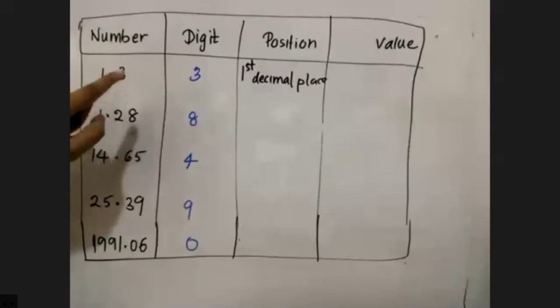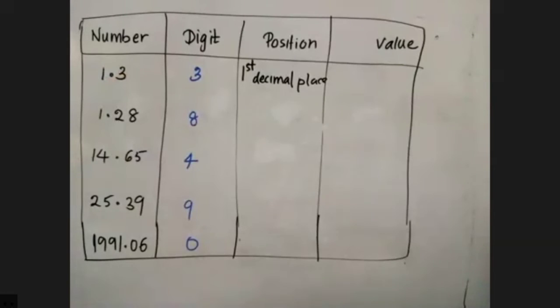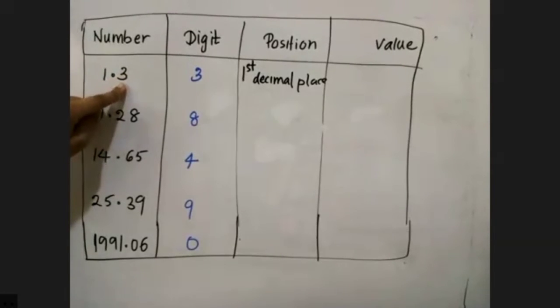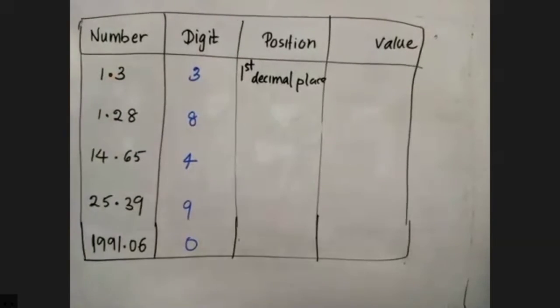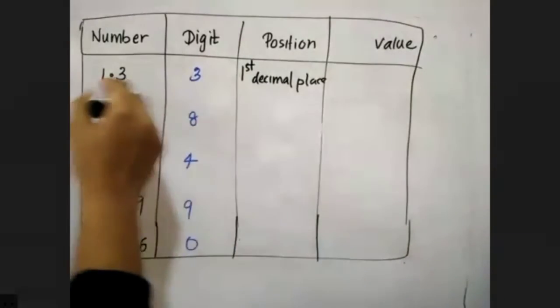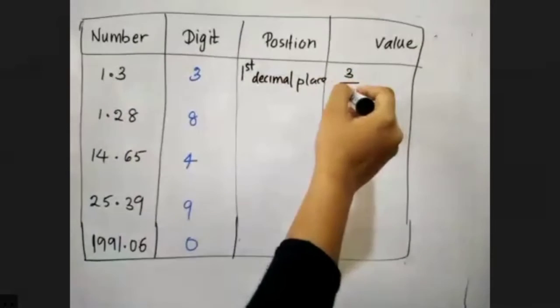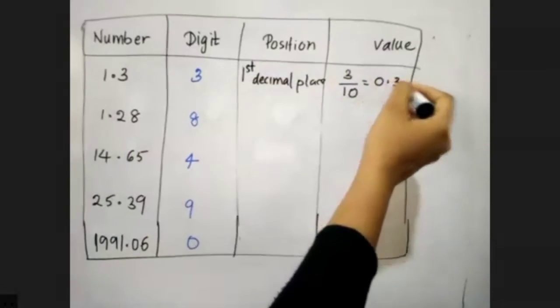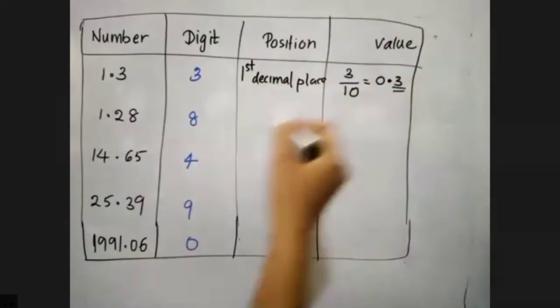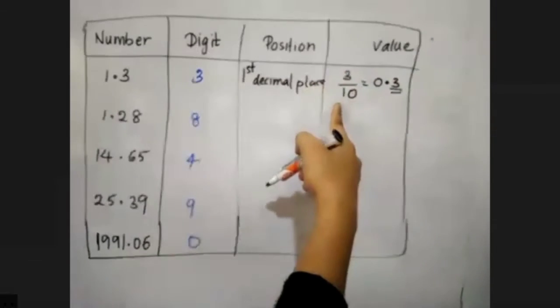I told you first decimal place means the digit has tenths. Usually in an abacus we put this for tenths. So we can write 3 divided by 10. If you divide 3 by 10, what is the answer you are getting? 0.3. So after the decimal point, the first decimal place, this is 3 upon 10.